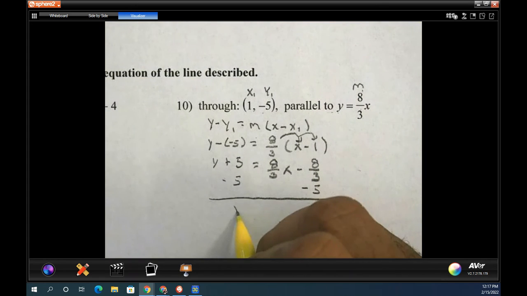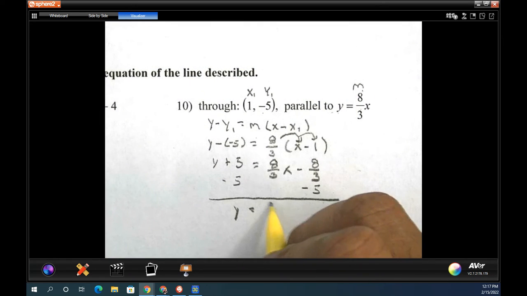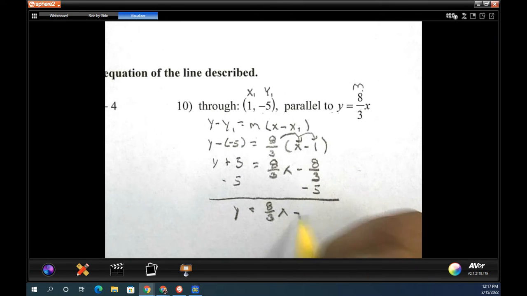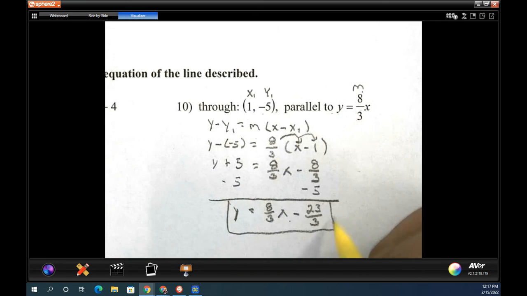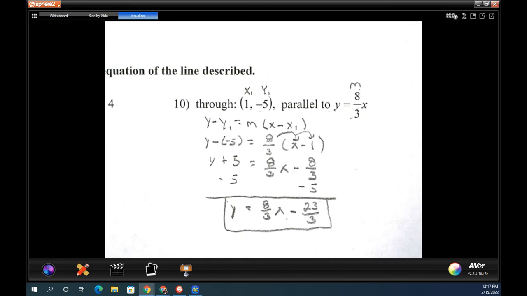So this is just y equals 8/3 x minus, since it's negative, 23/3. So this equation is parallel to y equals 8/3 x. That means those two lines will never intersect.